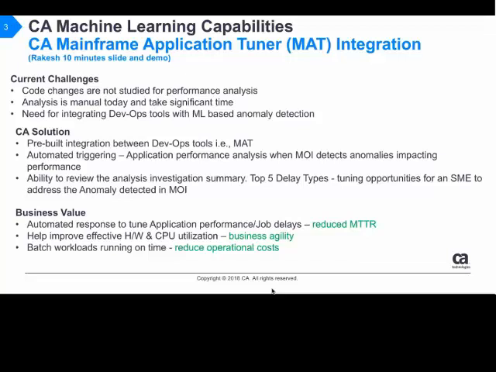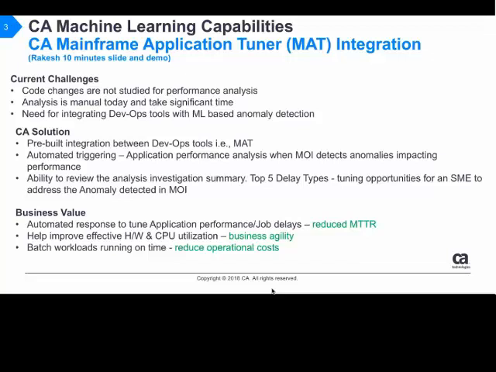To solve these problems, we have built an integration of CA MOI with CA MAT. With this integration, when an anomaly is detected in CA MOI for a poorly performing job, the anomaly is automatically sent to CA MAT for analysis.